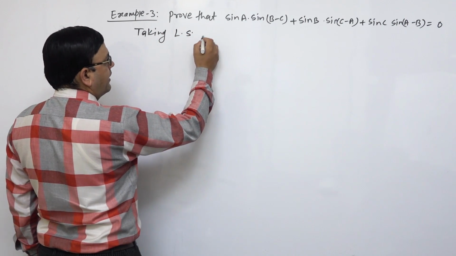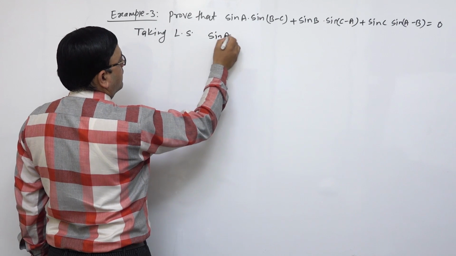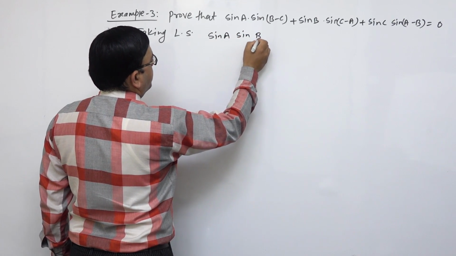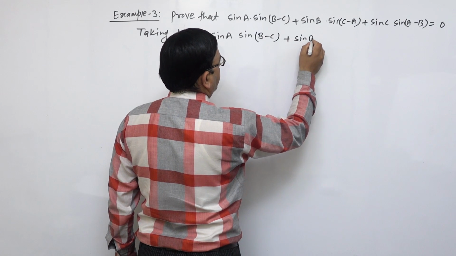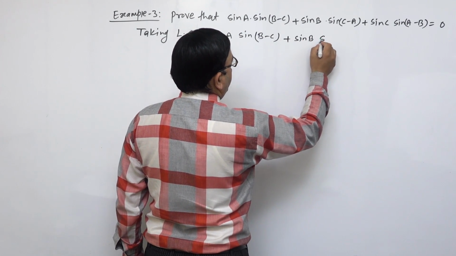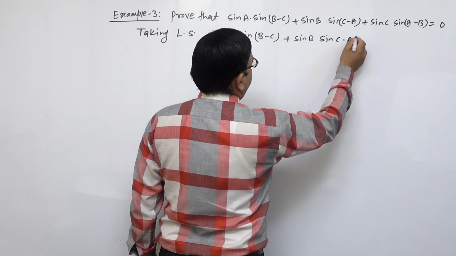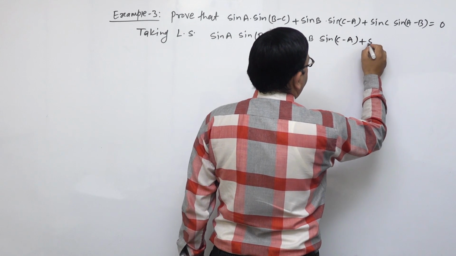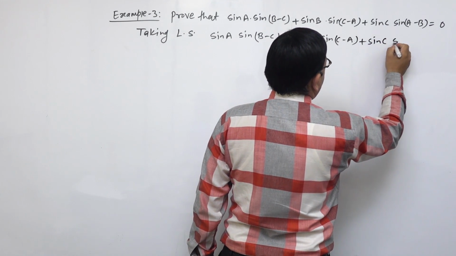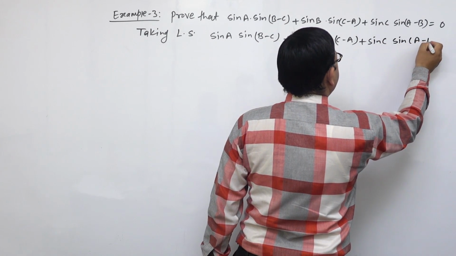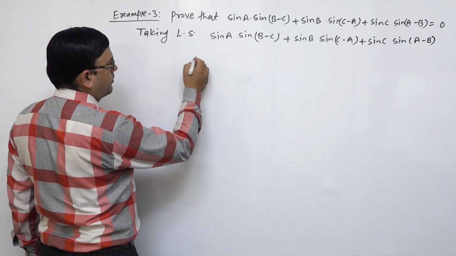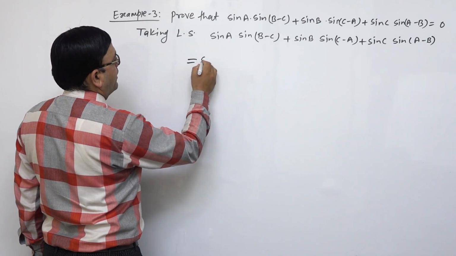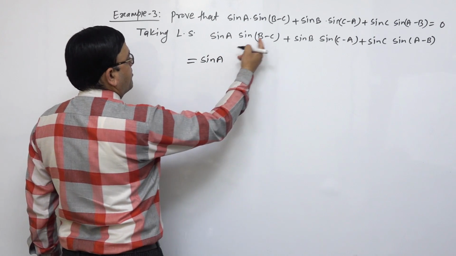we have left side is sin A sin(B minus C) plus sin B times sin(C minus A) plus sin C times sin(A minus B). Now this is equal to, here this is sin A, we can use the formula of sin(B minus C).